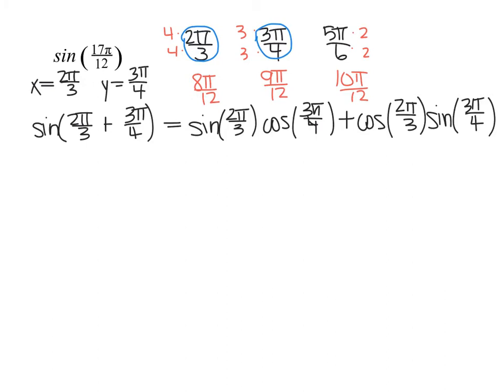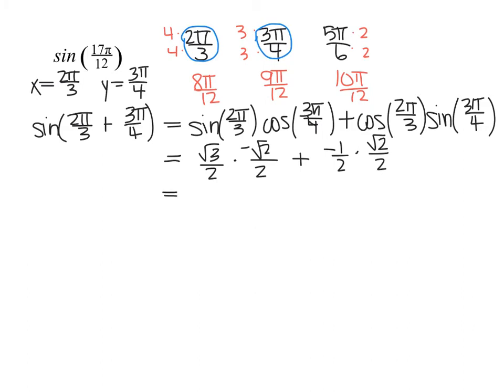So now we're using the unit circle again. Sine of 2 pi over 3 is radical 3 over 2, times cosine of 3 pi over 4, which is negative radical 2 over 2, because we are now in quadrant 2, where cosine is negative, plus cosine of 2 pi over 3, which is negative 1/2, times sine of 3 pi over 4, which is radical 2 over 2.